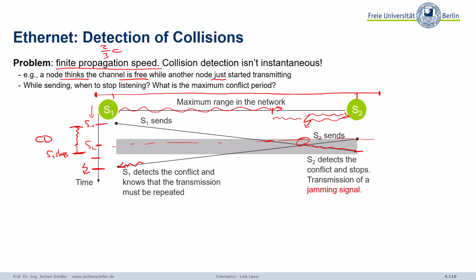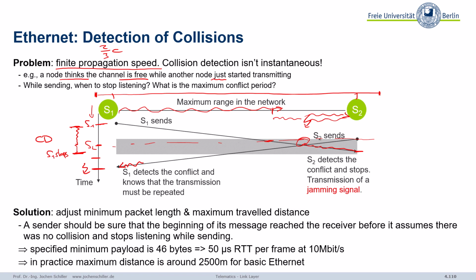And this is the minimum time we have to be active as sender 1. So we need a minimum sending time, and this then gives us a minimum packet length. So the sender should be active at least as long as it takes for the signal to travel to the most distant other receiver and back.